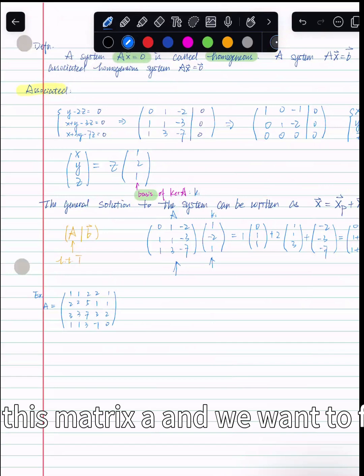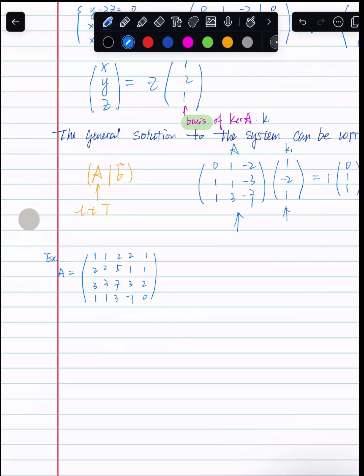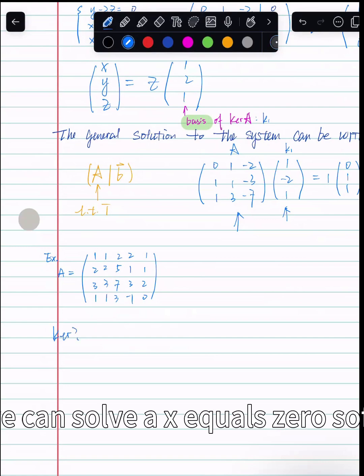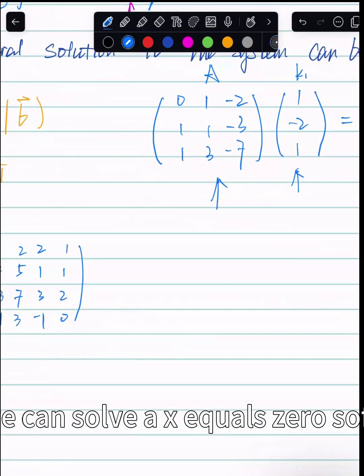Okay, now we have this matrix A and we want to find the kernel of A. So we now know that first we can solve AX equals 0, solving the homogeneous system.